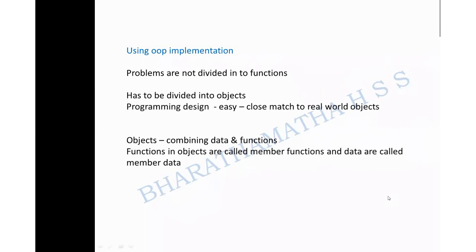Okay. Programming design is easy, a close match to real world objects. Programming is easy because of that previous example itself. If you take the radio example, you can write increasing the volume and decreasing the volume separately. Then to scan, that is to move on to the next channel, what to do.